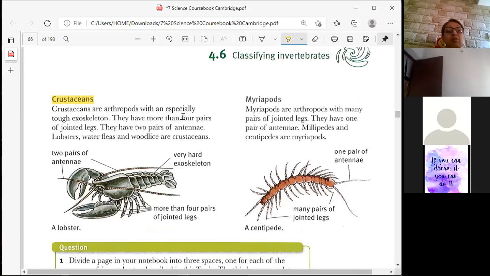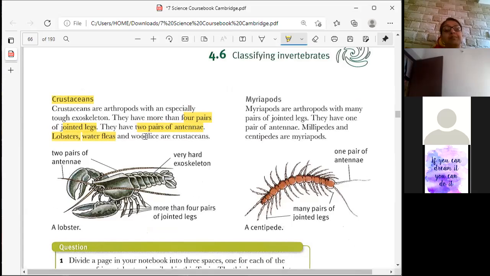You will write 4 pairs of joint legs, 2 pairs of antenna. And then you can write in the examples, lobsters, water fleas, woodlice. And then myriapods, you will say many pairs of joint legs, 1 pair of antenna. And then in the examples, you can write millipedes, centipedes.